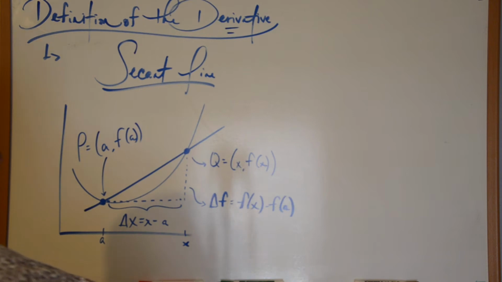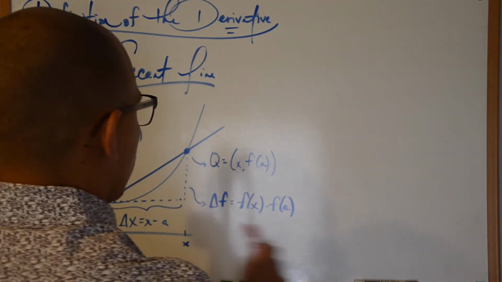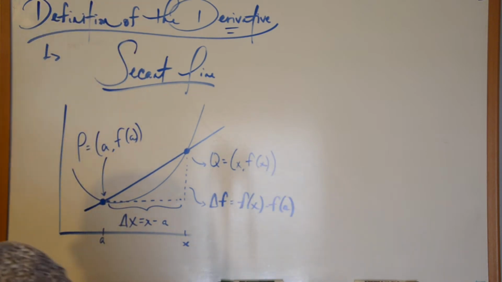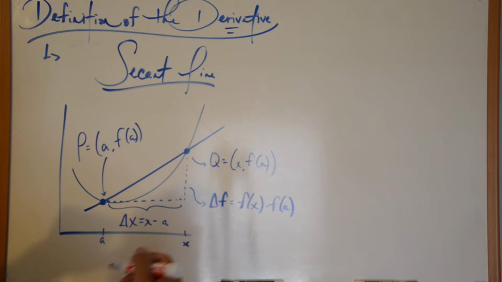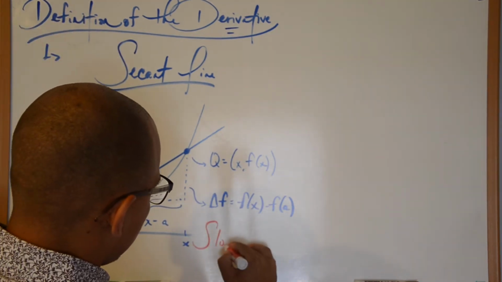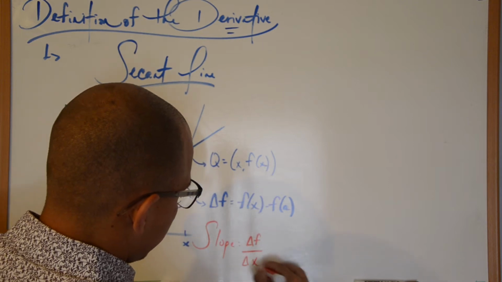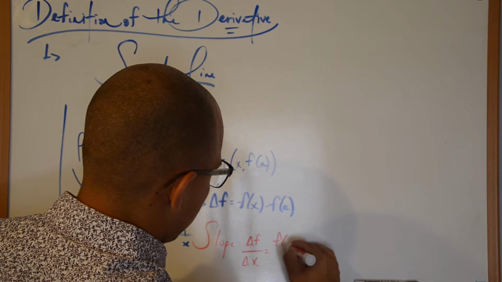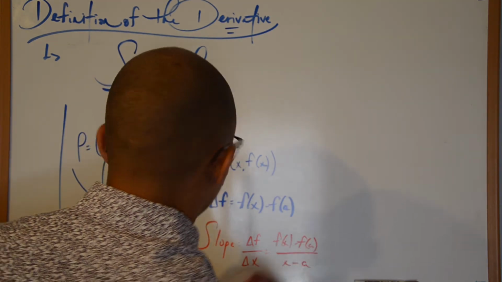So if I wanted to write this in a different color so it pops a little more, I'm ultimately going to wind up erasing this, so make sure you get it into your notes. This is going to be a tough squeeze. There we go. Slope is delta f divided by delta x, f of x minus f of a over x minus a.